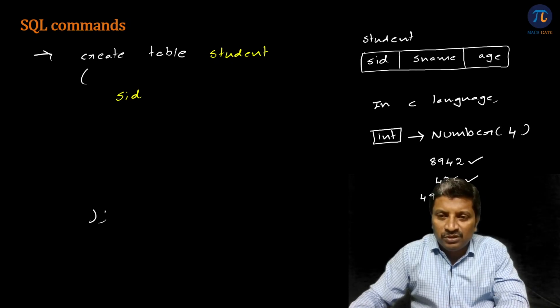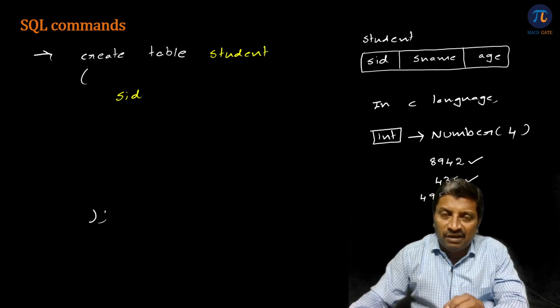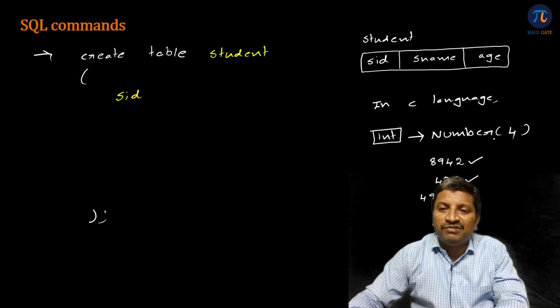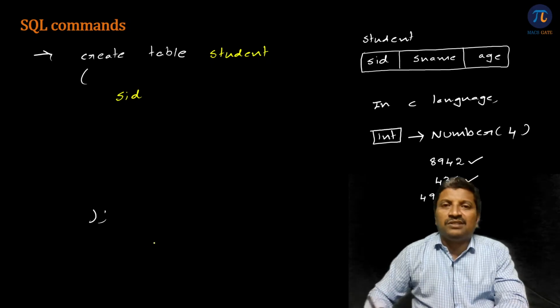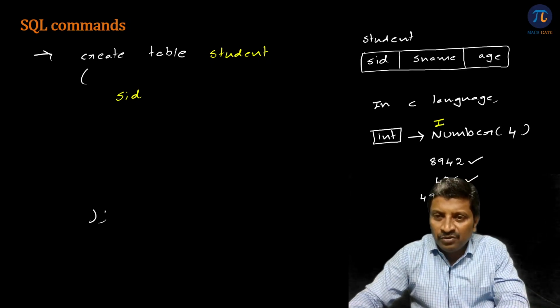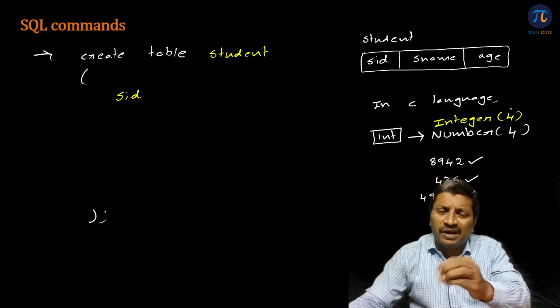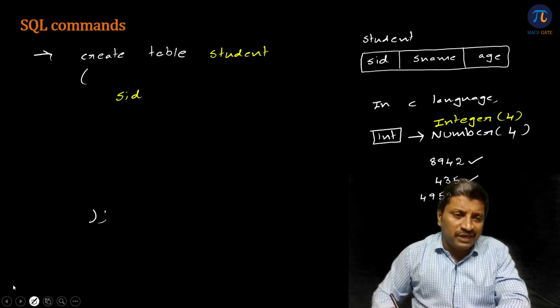Suppose now he enters some value like 49,525. Here I have 5 digits, so this is not allowed. That is the meaning of number of 4. Instead of number of 4, depending on the software you are using, you can write integer also. By looking at that command, you can understand the intention. As of now, let us use the number.